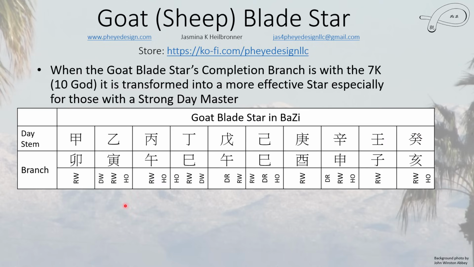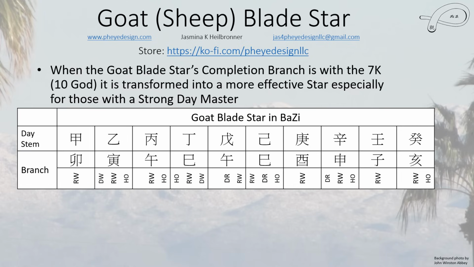So when we look at this, I wasn't sure, again, whether or not they were talking about hidden stems or heaven stems, but when you look at the day stems and the branches that complete it, none of this has 7K. So obviously they have to be talking about the heaven stem.